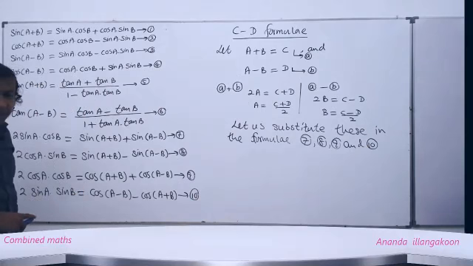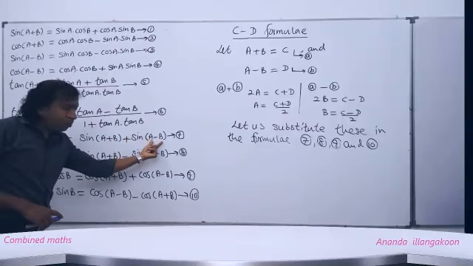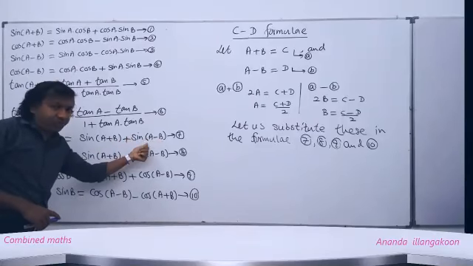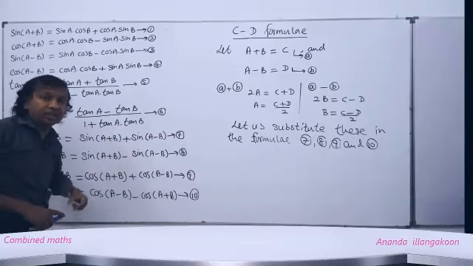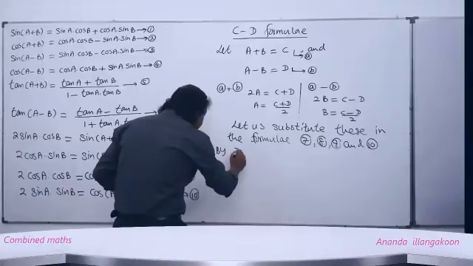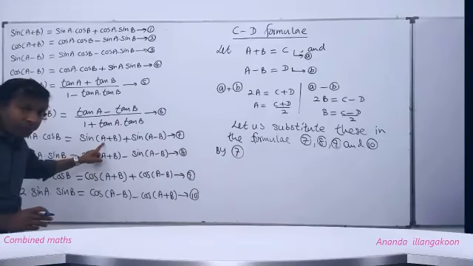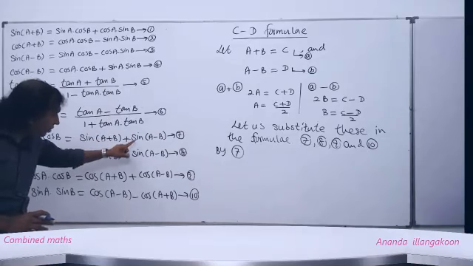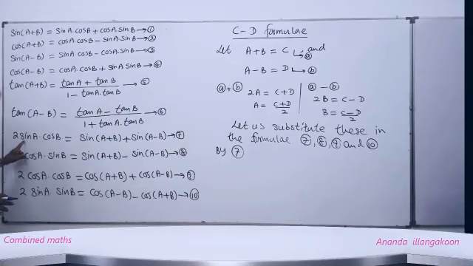Okay, people, remember, when you substitute them, for this A plus B we put C, A minus B we put D. Then we can write by 7. This is now C: sin C plus sin D equals 2 sin, what is A?